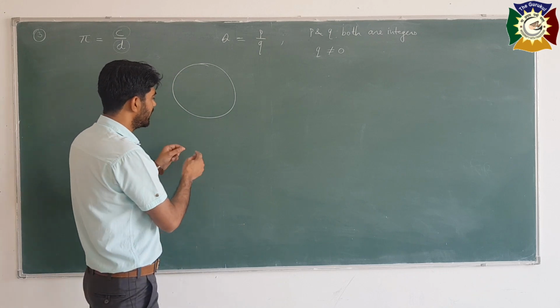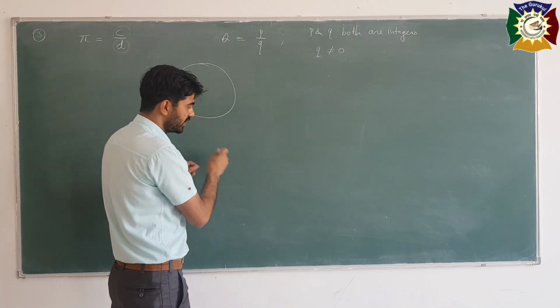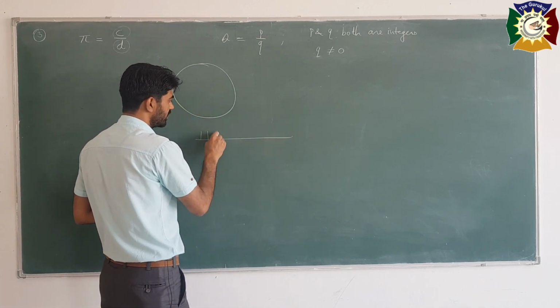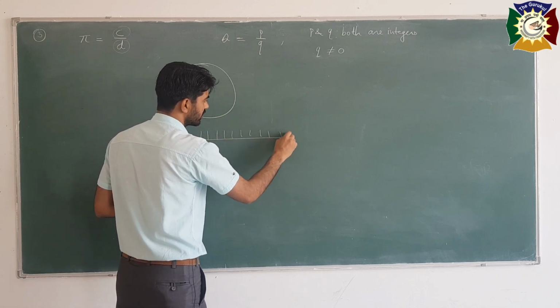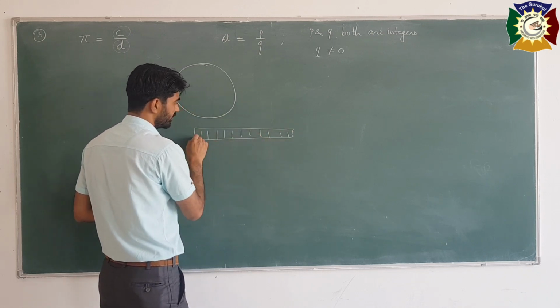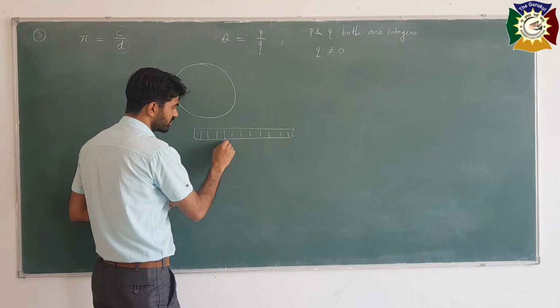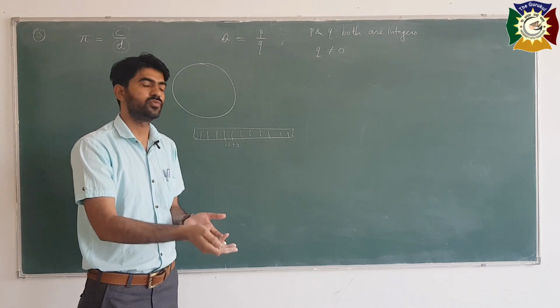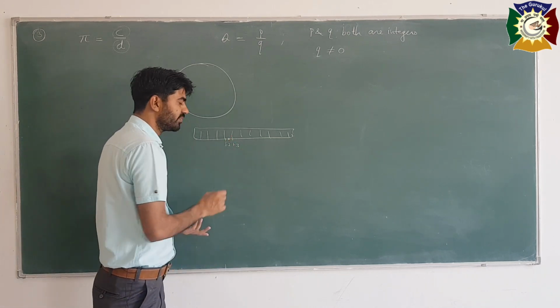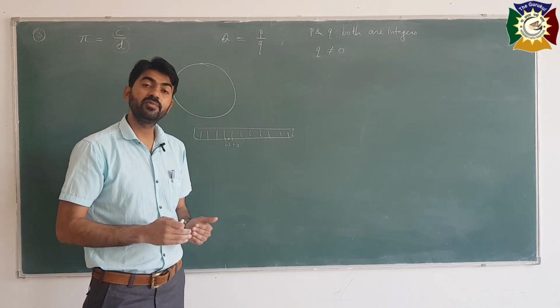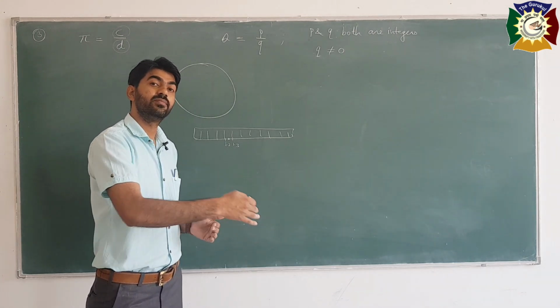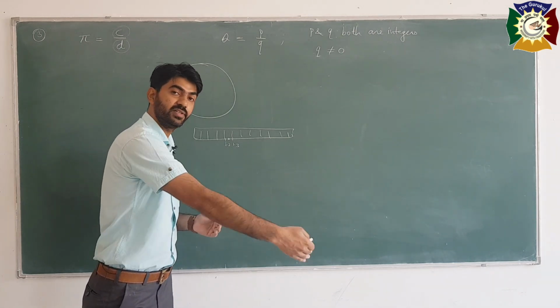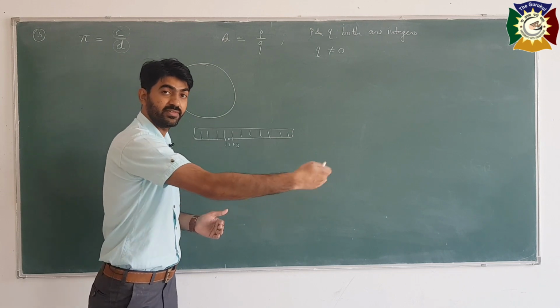Suppose I measure using a scale, and this is 1.2 and this is 1.3. If something lies in between, I will just take 1.25. But the number may be 1.256, maybe 1.2567, maybe 1.25678.